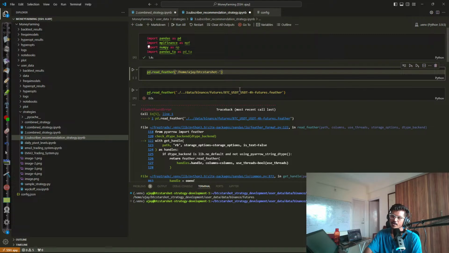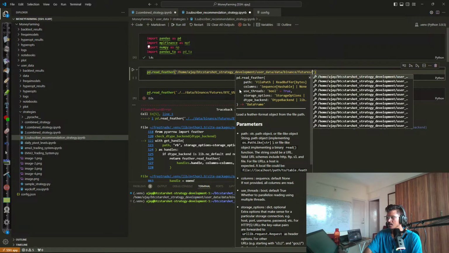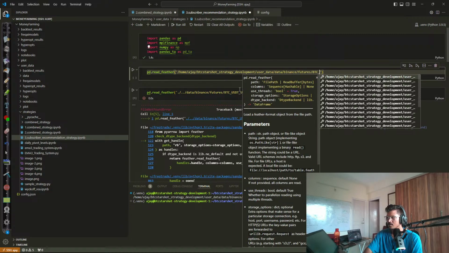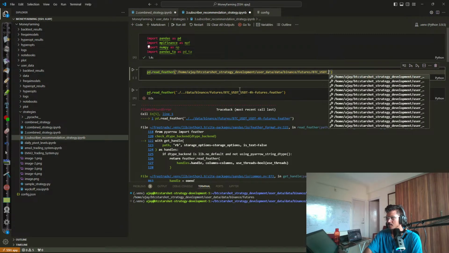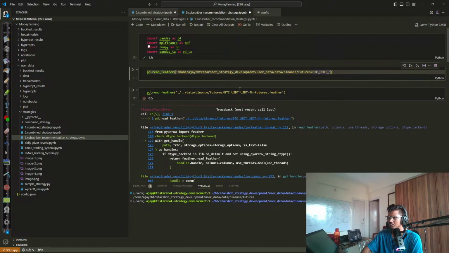We can just start from where we began. User data, Binance futures, and then it's like BTC USDT, USDT 4 hour. Yeah, so this is what we do.